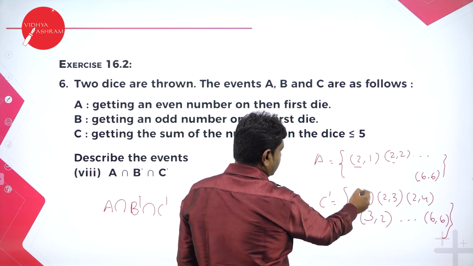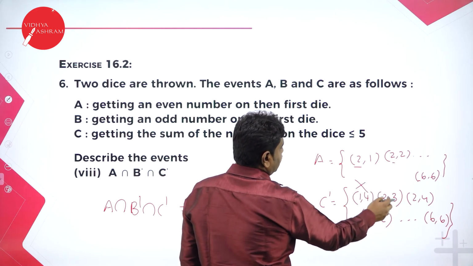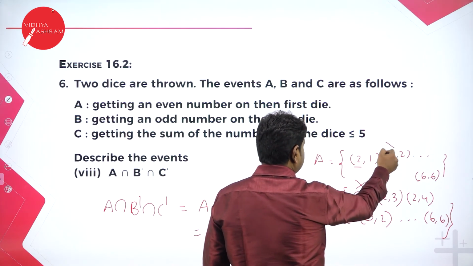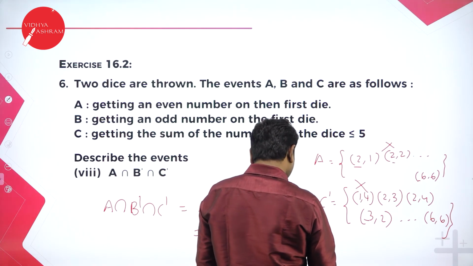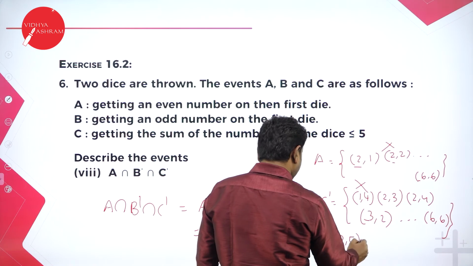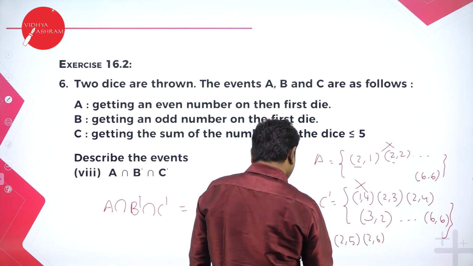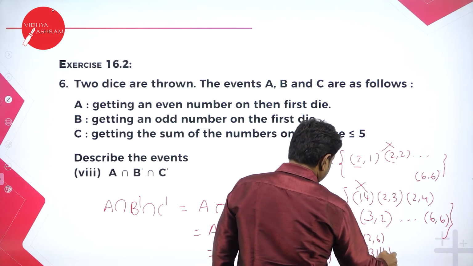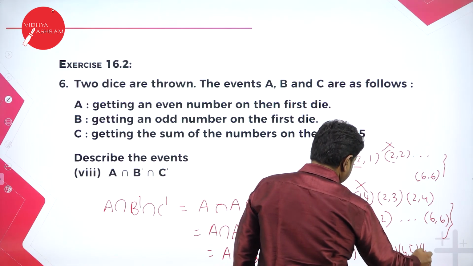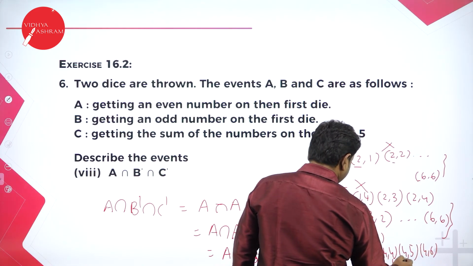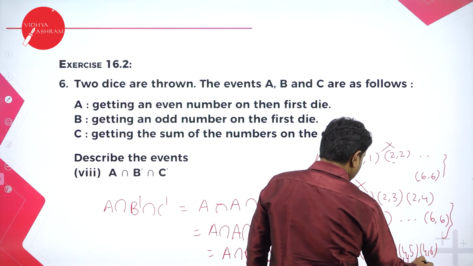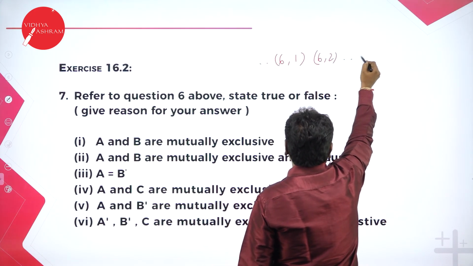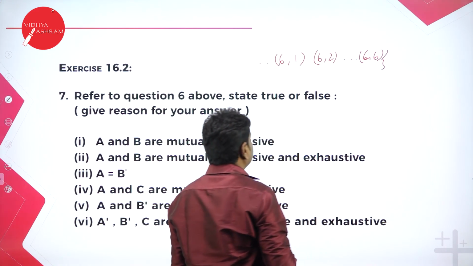Only those starting with an even number, I can reject the 3, and the common elements present in A and C dash will be 2 4, 2 5, 2 6, then 4 1, 4 2, 4 3, 4 4, 4 5, 4 6, then 5 will not have, then 6 1, 6 2, continuing till 6 6. All the elements you'll have. I hope all of you got this.